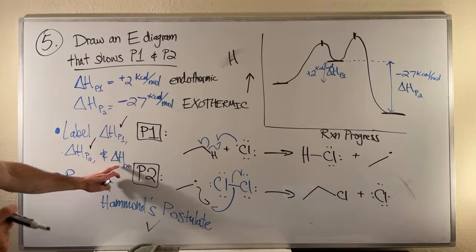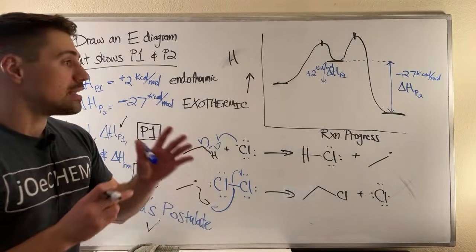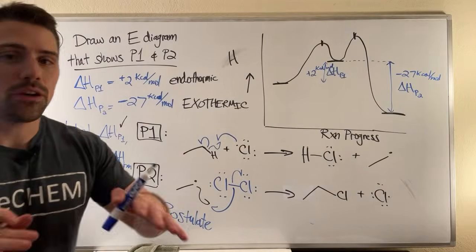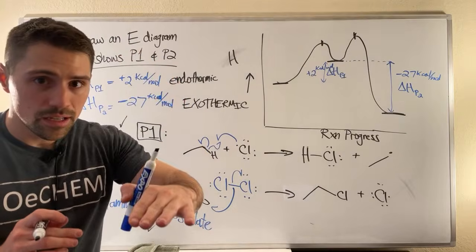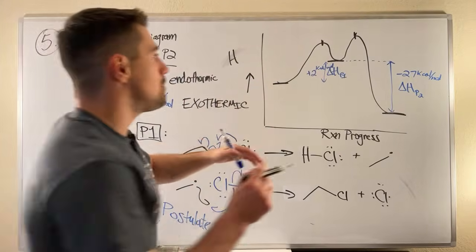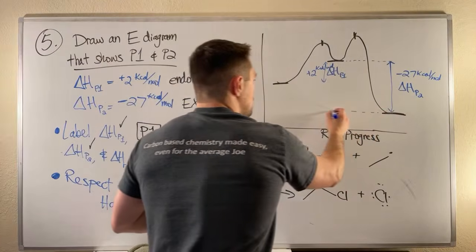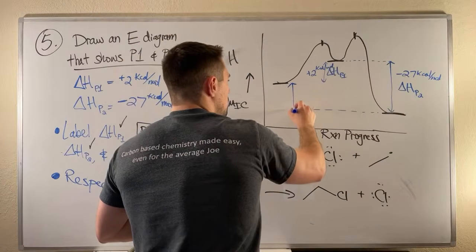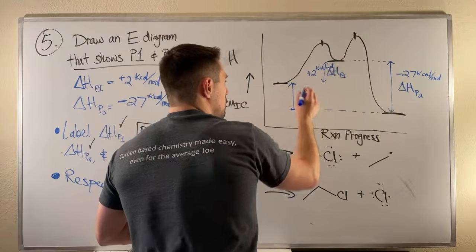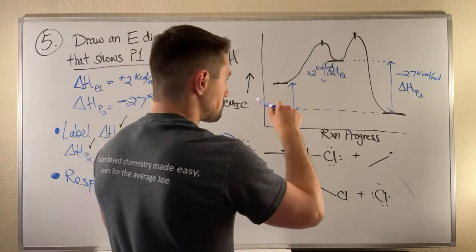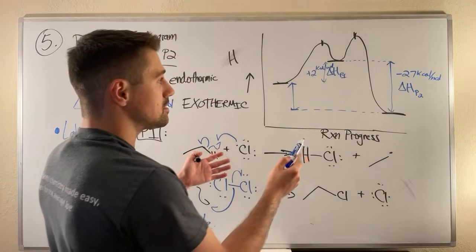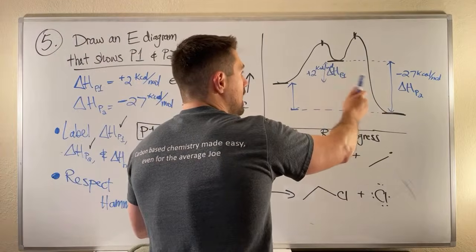The last thing we need to label is delta H reaction. Now, for delta H reaction, enthalpy only cares about where you ended and where you began, so it doesn't even matter what happened in between. It's final minus initial.